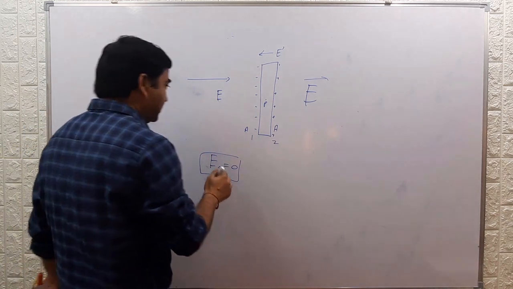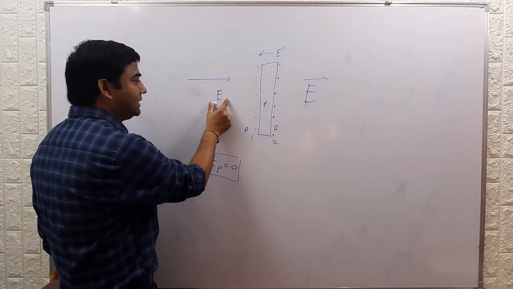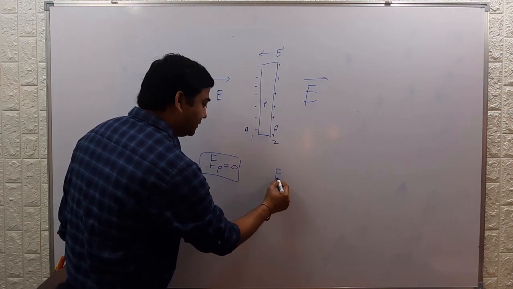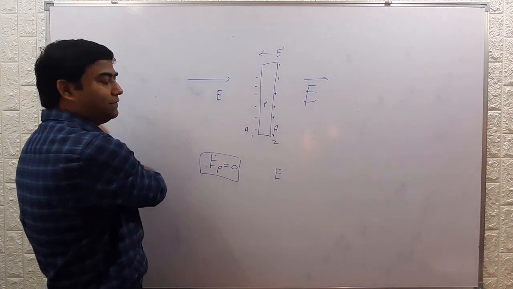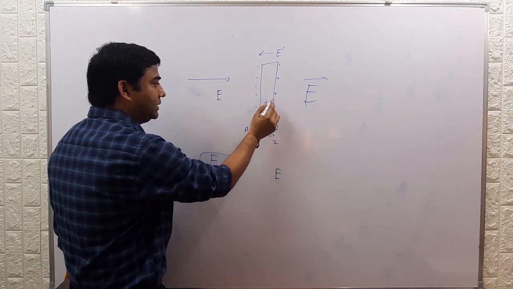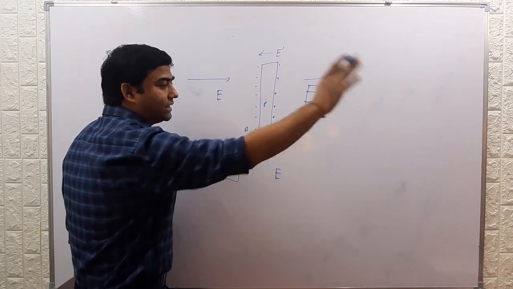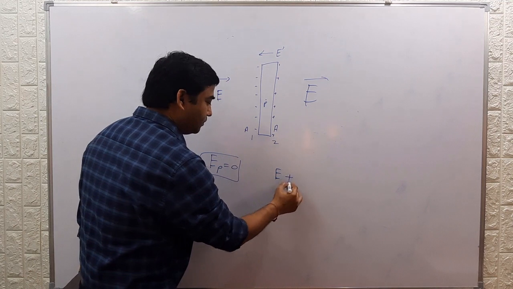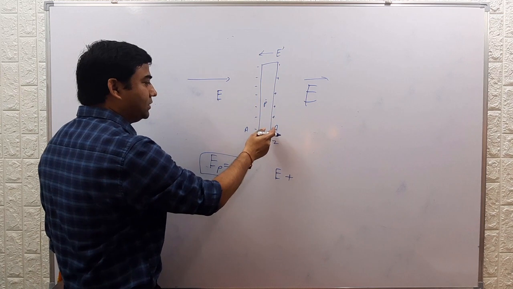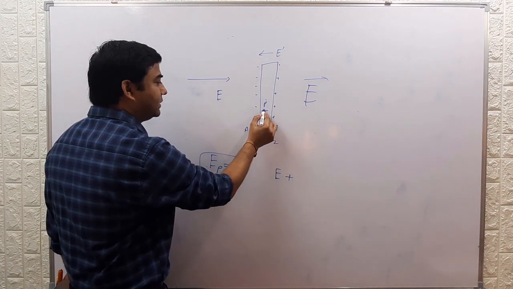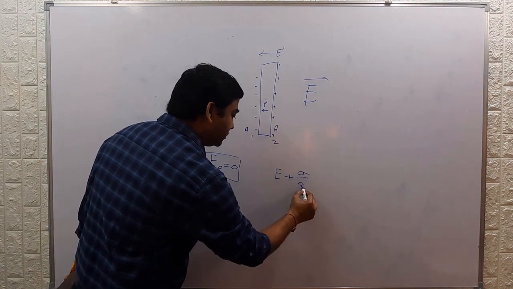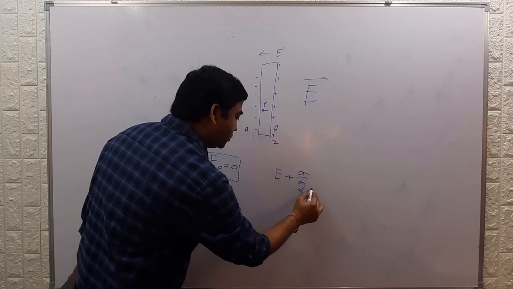Now we have to find the different fields. At this point, let rightward direction be positive and leftward direction be negative. This external field will create at point P an electric field of magnitude E in the right direction, which is positive, plus surface 2 of this plate will create electric field in reverse direction, that is left direction, and this will be sigma by 2 epsilon 0.